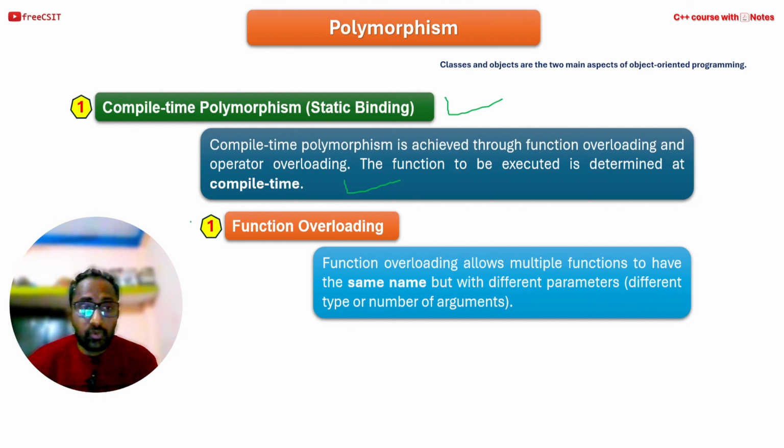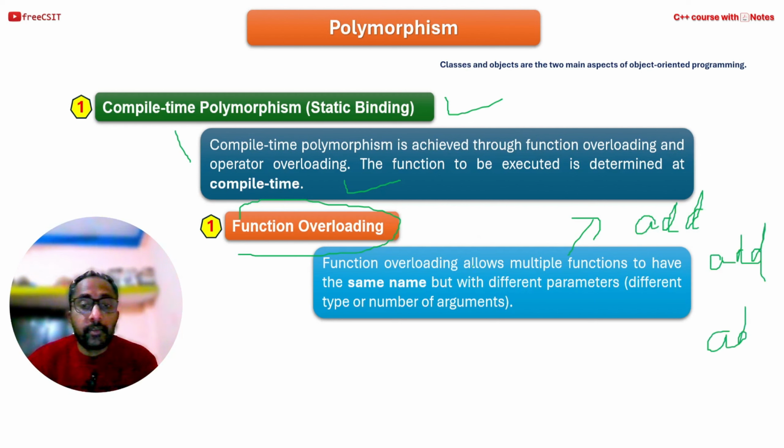The first type of compile time polymorphism is function overloading. Function overloading allows multiple functions to have the same name, for example add and another add, but as per the parameters, their functionality will be different.